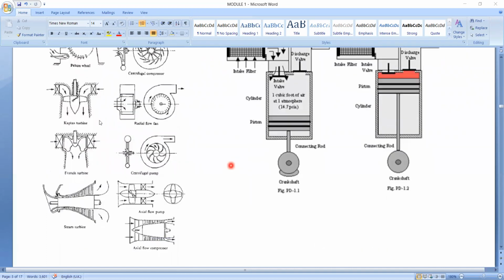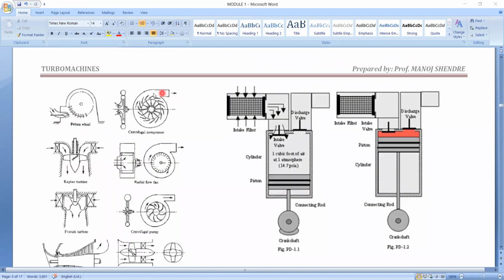For example, this is a centrifugal compressor, this is the runner or rotating part, these are the blades, these are the fixed blades, and this is called the casing, the outermost part in which the runner is located, known as the housing or casing.